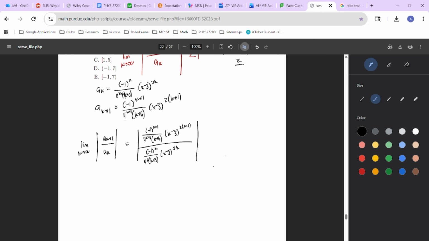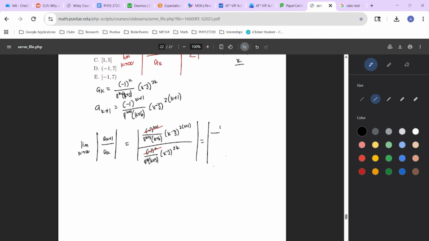So, like I said before, we need to preserve the variable x in here, but we can probably evaluate this to some constant multiplied by x. If we expand everything out, first of all, the negative terms become irrelevant because we're taking the absolute value of this.